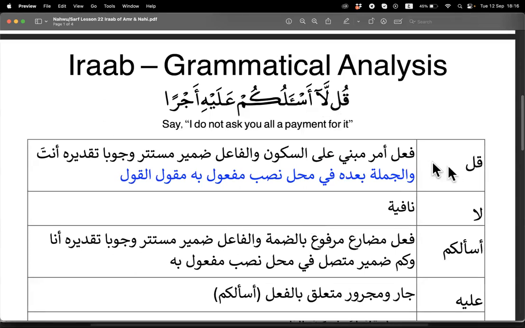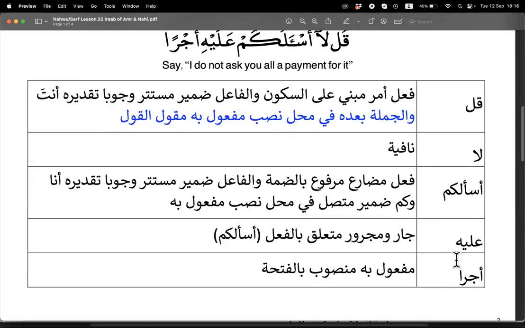After you say fi'il amr, mabni ala sukun, fa'il is dhamir mustatir, wujuban takdiruhu anta, you say wa jumlah ba'dahu is fi mahali nasab, maf'ul bihi, maqulul qawl. Remember that? Quotation. La is nafi, as'alukum, and ajran maf'ul bihi mansub bil fathah.